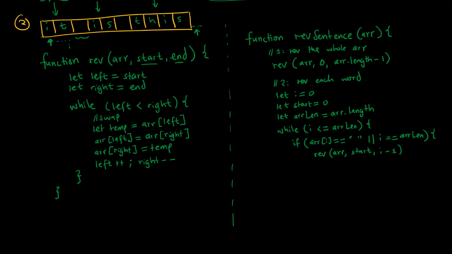And then we should have our new start. Our new start for the next word will be i plus 1. Then we just increment i until we get to the end. That's the end.